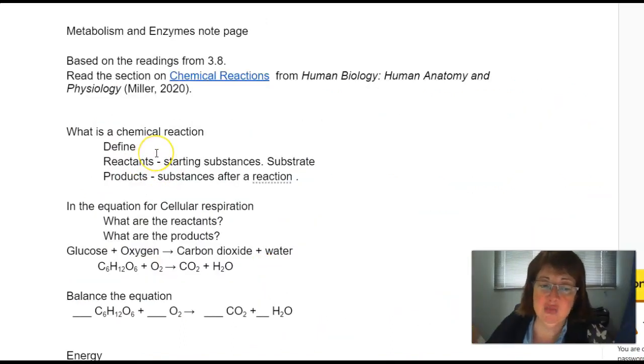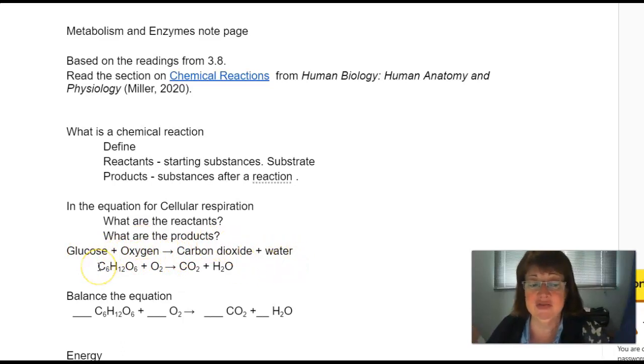When we define reactants, they are the starting substances, and sometimes we use the word substrate instead of substances. The products are what we get after the reaction. Let's look at a reaction in the body, which is cellular respiration. In cellular respiration, you're taking glucose and reacting it with oxygen to produce carbon dioxide and water.